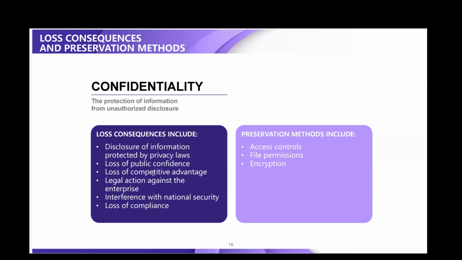The second consequence has to do with the loss of public confidence. For example, if users of a social media platform like Facebook realize that all their Facebook credentials have been dumped, maybe on the dark web, because there is a confidentiality issue.